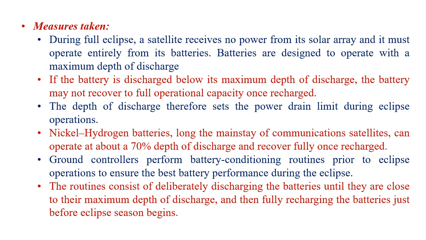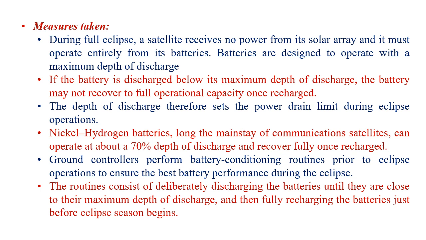Nickel hydrogen batteries, the mainstay of communication satellites, can operate at about 70% depth of discharge and recover fully once recharged. Ground controllers perform battery conditioning routines prior to eclipse operation to ensure the best battery performance during the eclipse.